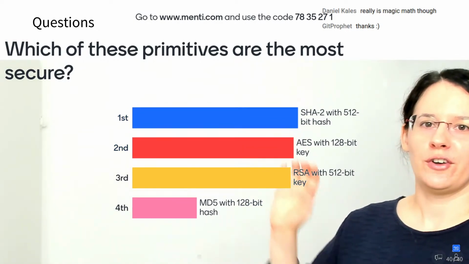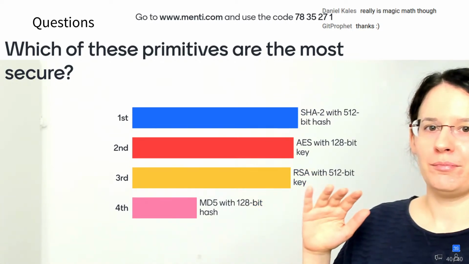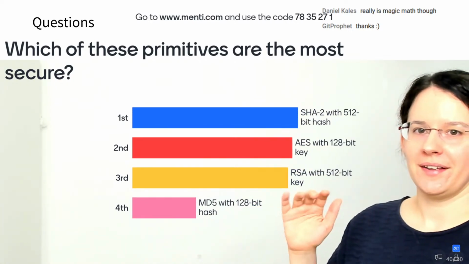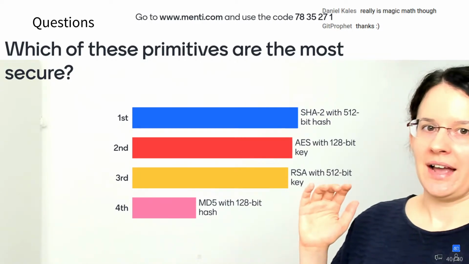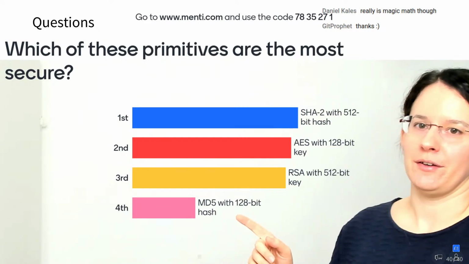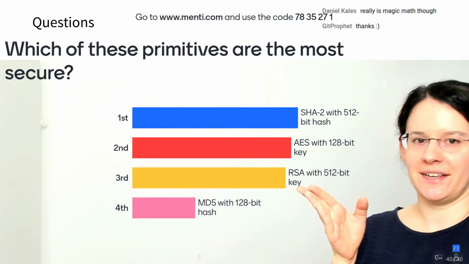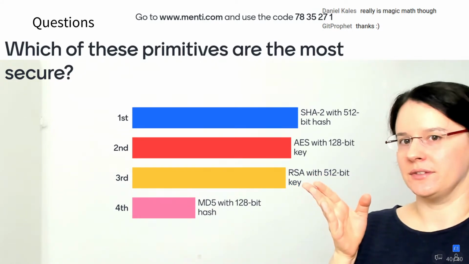However, this is a lot weaker than these two here. RSA with 512-bit key is something you can break in practice. I would actually say that this is even weaker than MD5 with 128-bit hashes. Again, the recommended key size for RSA is something like 3000 bits.